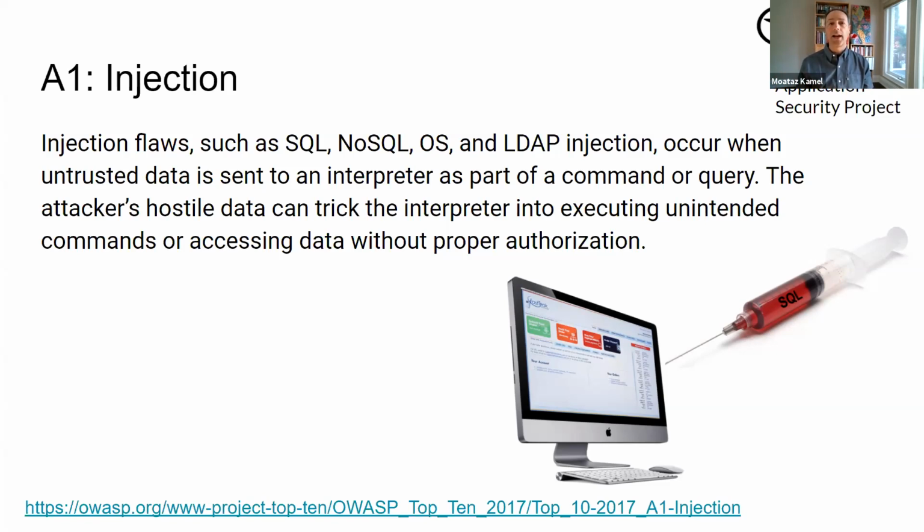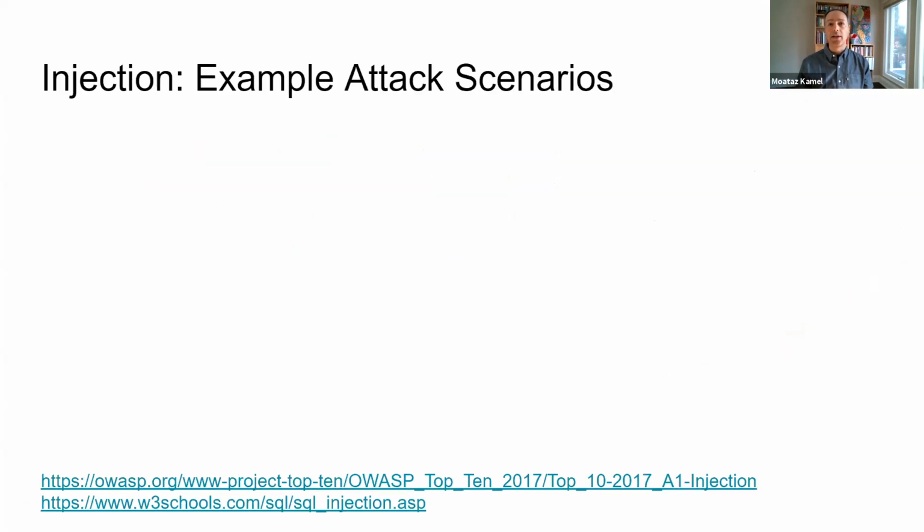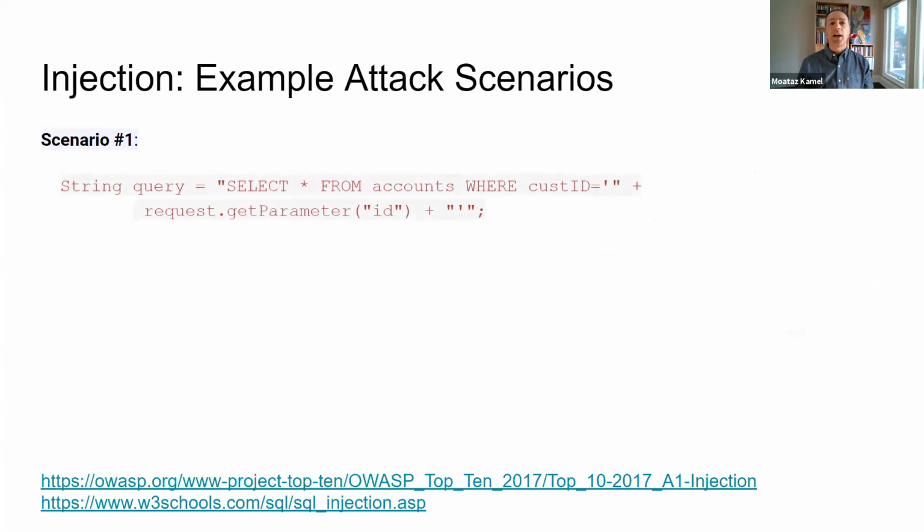So let's take a look at how an attacker exploits this. The first scenario is you have a statement like this in your code, a SQL statement: select all records from accounts where customer ID equals, and then you grab the ID parameter and put that in the select statement.